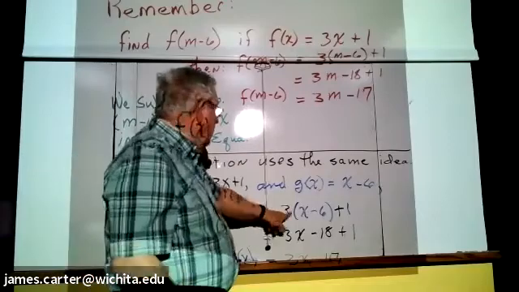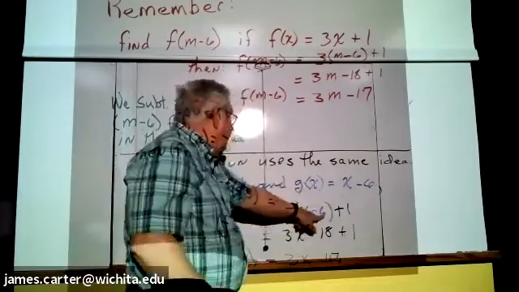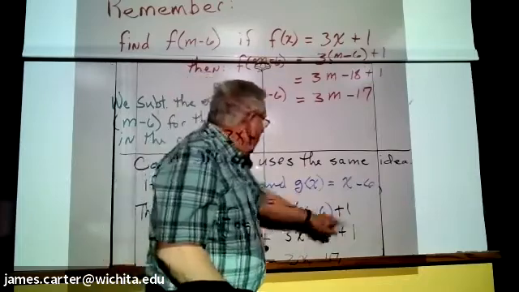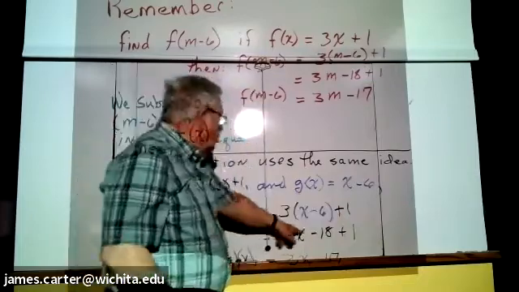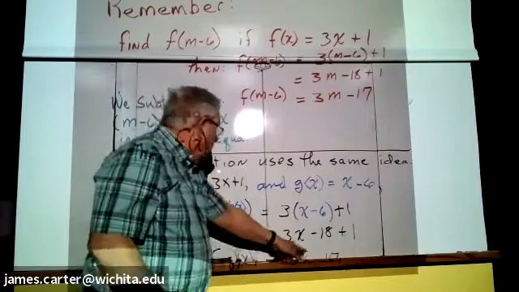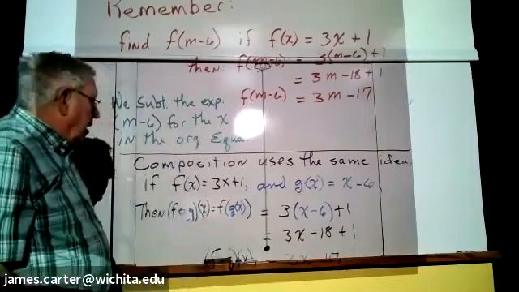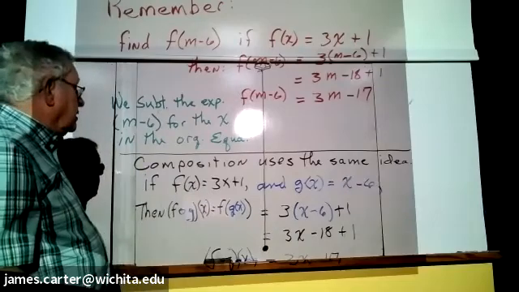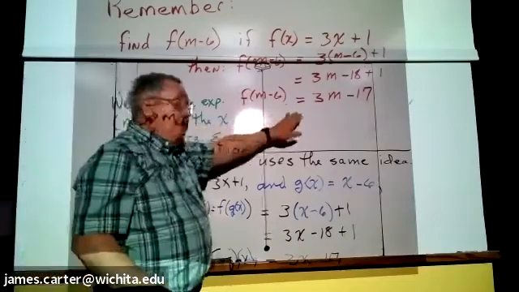So 3, the substituted value, plus 1, distribute, and we get ultimately the 3x minus 17, just like we did up here.